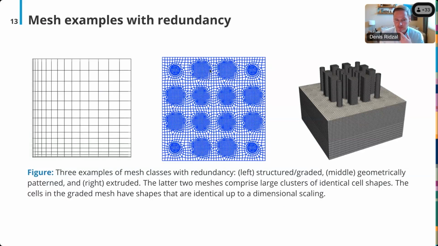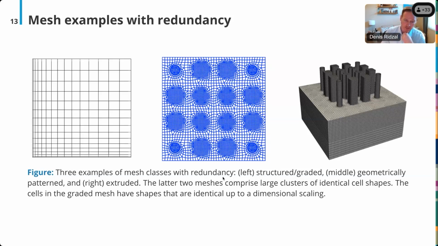And this is due to basically having a lot of the same meta atoms that were meshed in the same way. And then on top of that, you get an extrusion in 3 dimensions. And so there's a ton of redundancy.